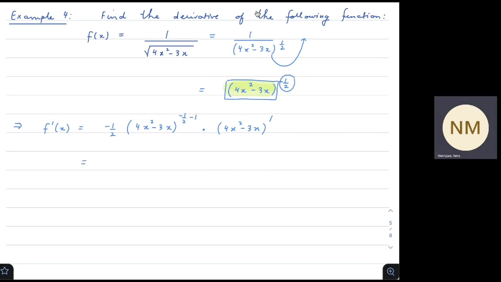As a result, this is what we have. The derivative of 4x squared is 8x, and the derivative of 3x is just 3.